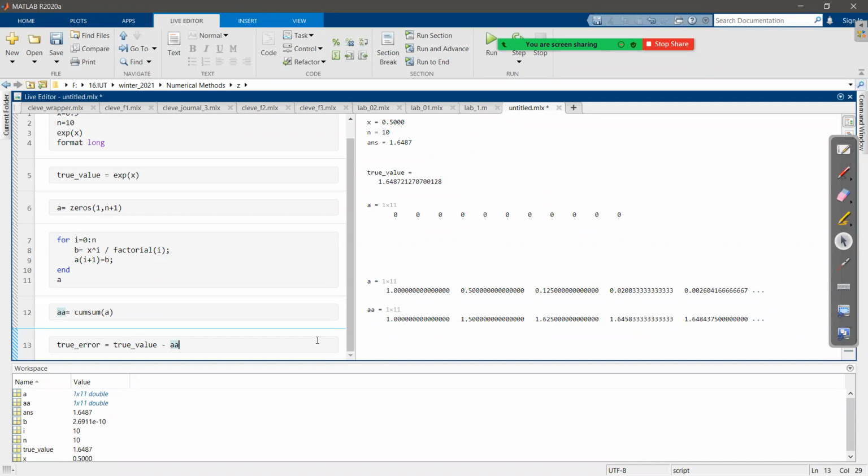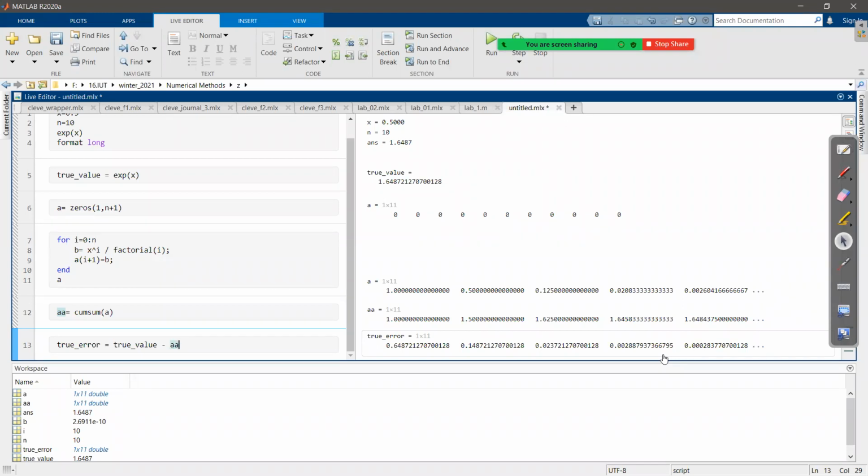That is the broadcasting operation. Run this one, and as you can see, when n equals 1, your true error was 0.648. For n equals 2, the error was 0.148. As we go further and further, the true error is decreasing and decreasing. Right? Any question up to now, anyone?